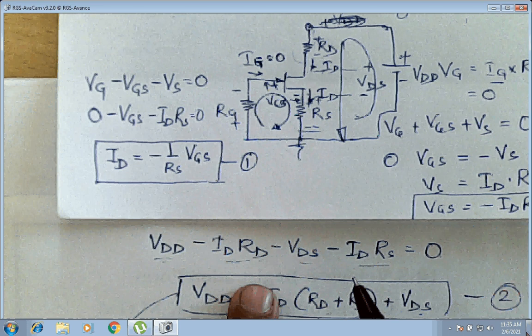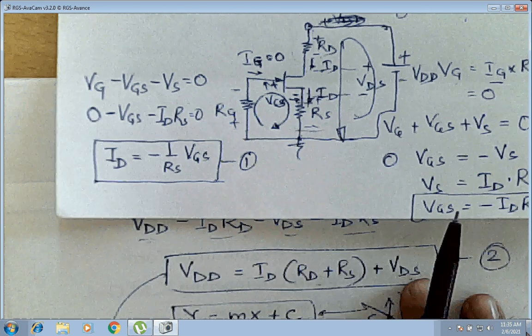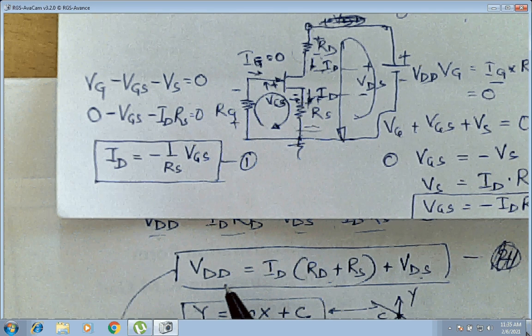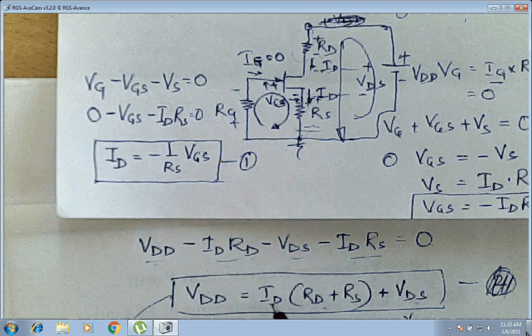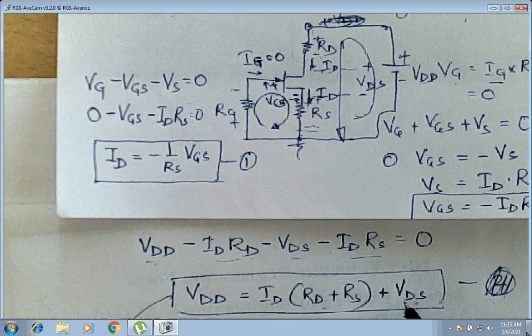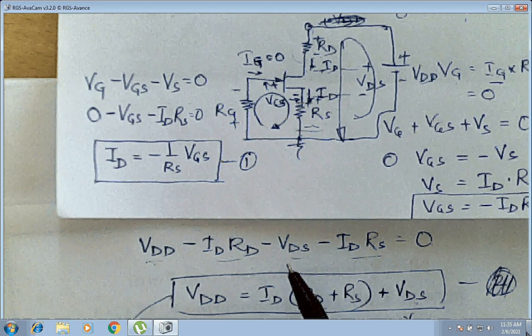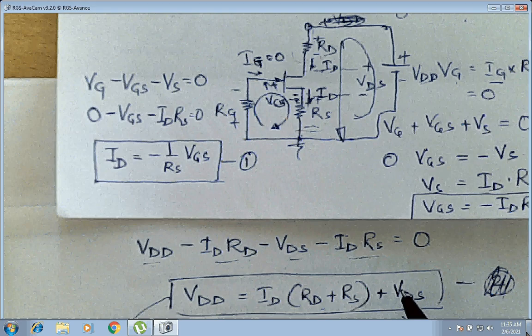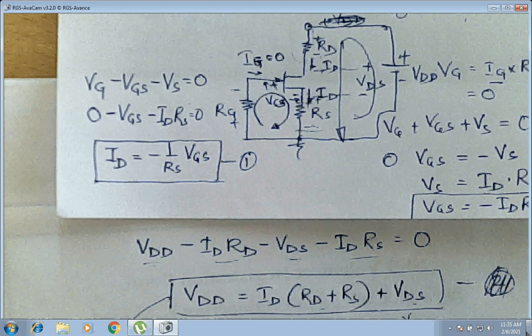Have you got this equation? So I'll simplify that equation again, saying that VDD is equal to ID, taking into bracket RD plus RS, plus VDS. So from the above equation, just simplifying it, VDD is equal to ID into bracket RD plus RS plus VDS. This is the equation I have got.